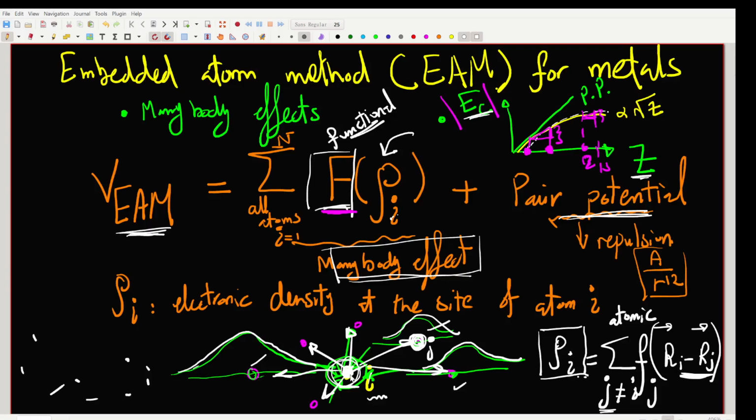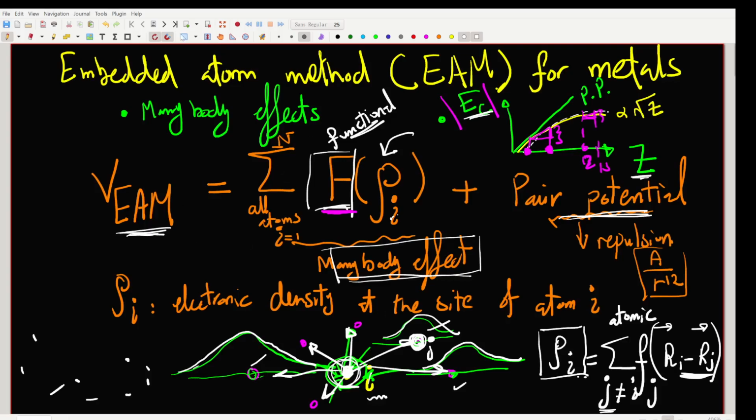You simply use tabulated atomic densities that have been calculated before. And by knowing the distance between each atom and your central atom and the atomic density, the electronic density of each one of these atoms, you can calculate the total electronic density at site number i. And then by knowing this electronic density, you plug it into some functional, and you get the many-body effect contribution to the energy at site number i.